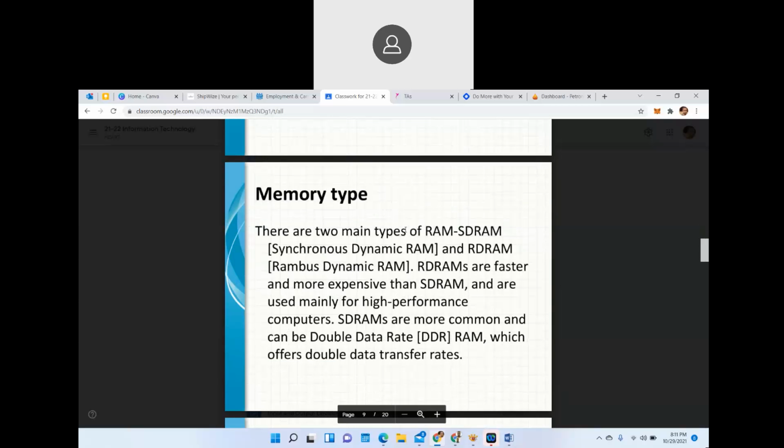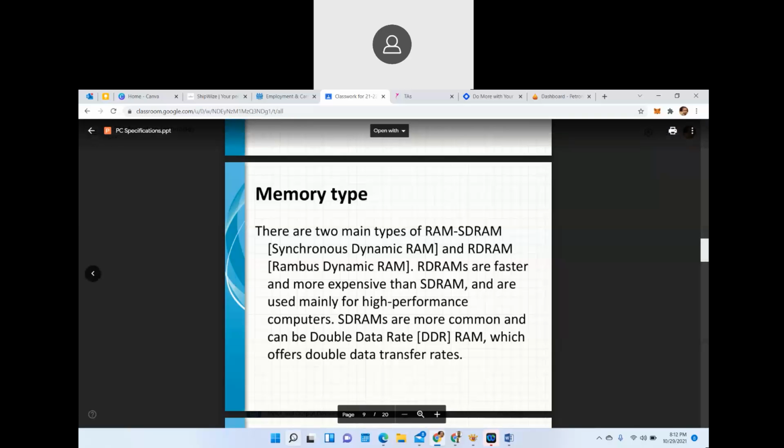When we talk about type, you have different types: DDR1, DDR2, DDR3, and so on. If your computer memory stops working and you want to purchase one, or you have 4 gigabytes of RAM and you say that's too small, I need 8 or 16, and you go to the store to purchase one, you need to know what type. They're going to ask which type you want. You can always check on your computer, or Google the specs of your computer, or use certain software to tell you what type of memory is inside it.